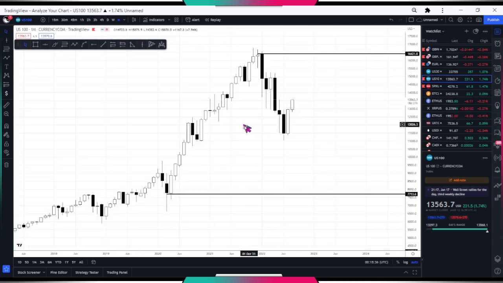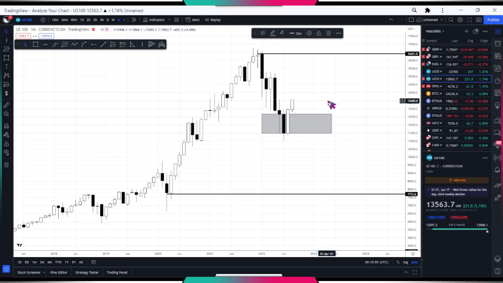Scaling up to the higher time frame, we could see that price could be signaling a general recovery in the stock market. Price is currently pushing upwards, bullish.